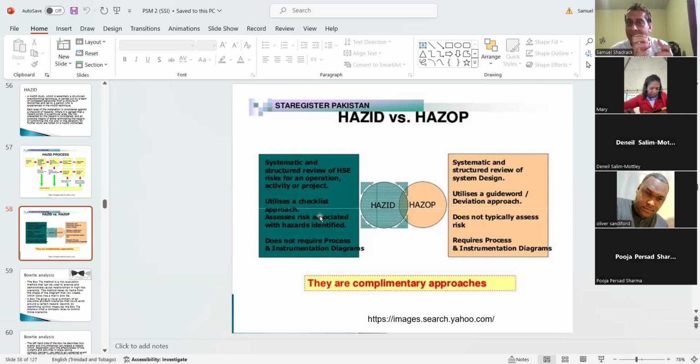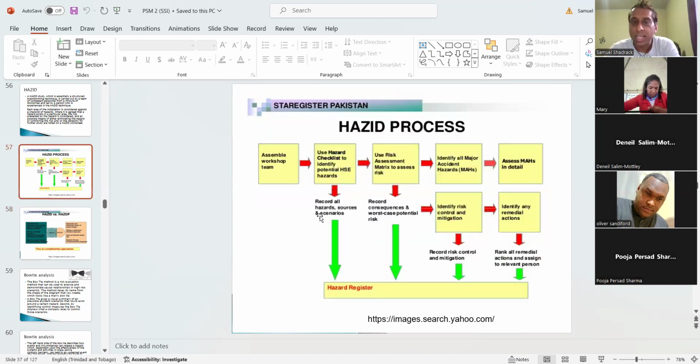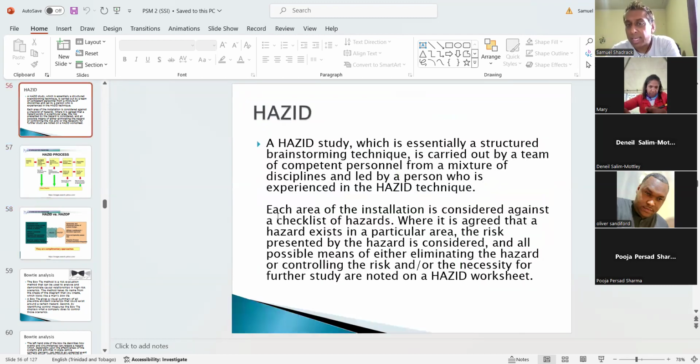So when you consider it like that, whether a hazard is not a hazard, because what they said, if you go back and you read this one, each area of the installation is considered against a checklist of hazards. So it could have been said that it was a pre-existing checklist then. A hazard was never pre-existed, right?